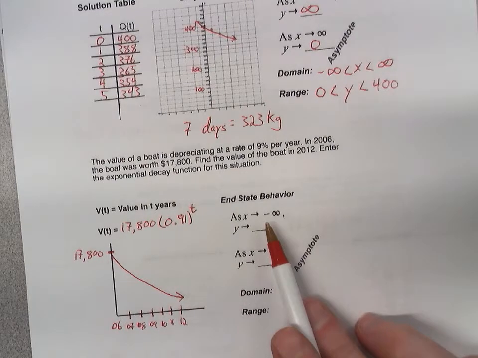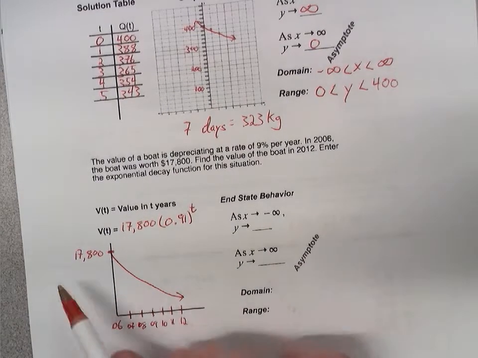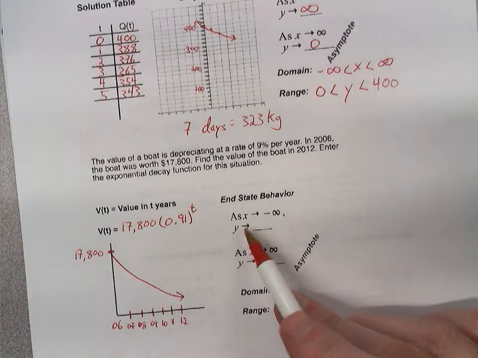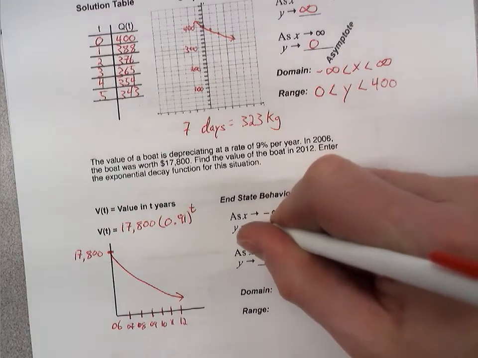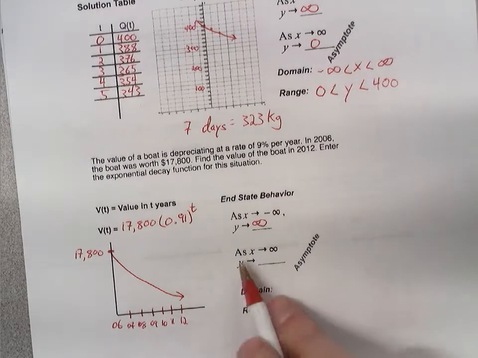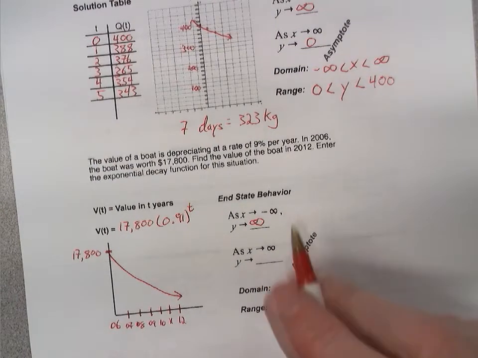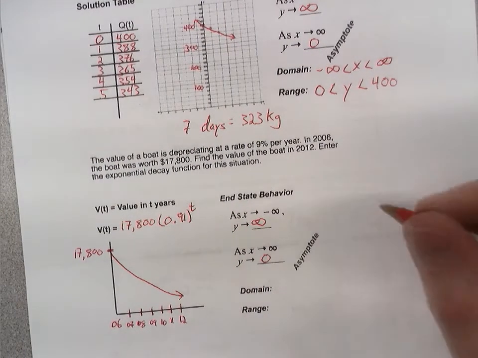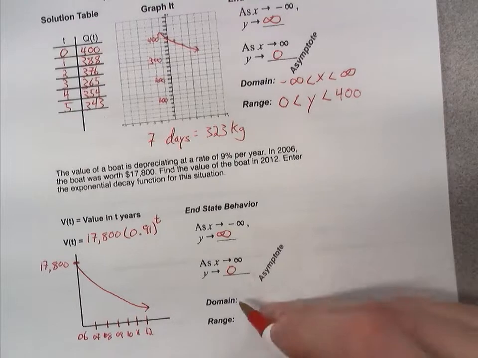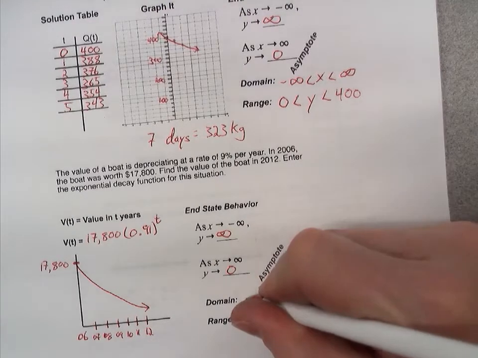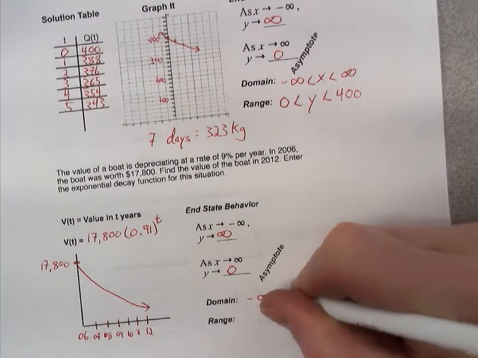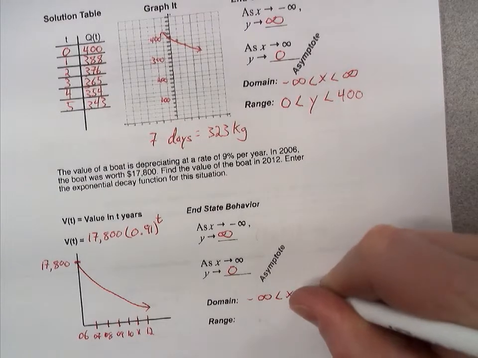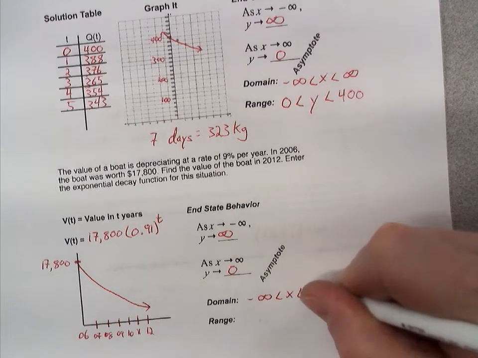And let's talk about the behavior here. As x approaches negative infinity this way, y is approaching infinity. It's going that direction. As x approaches positive infinity, y is approaching 0. So our domain is negative infinity less than x, and x is less than positive infinity.